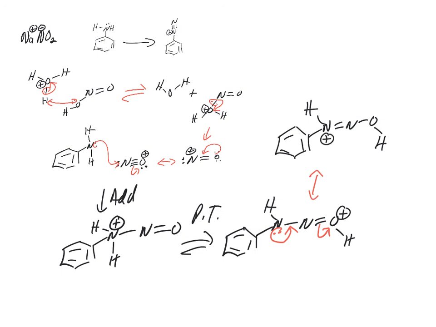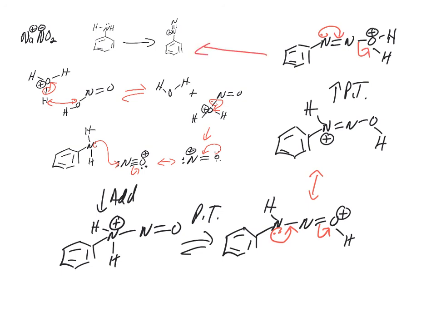Do another proton transfer. We're getting close now, right? Plus charge there. And then the last thing we're going to do is kick that out. And that gets us there.